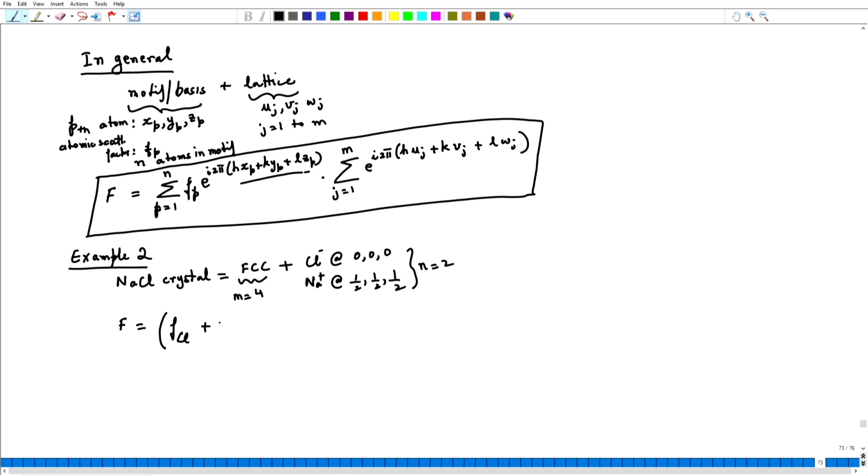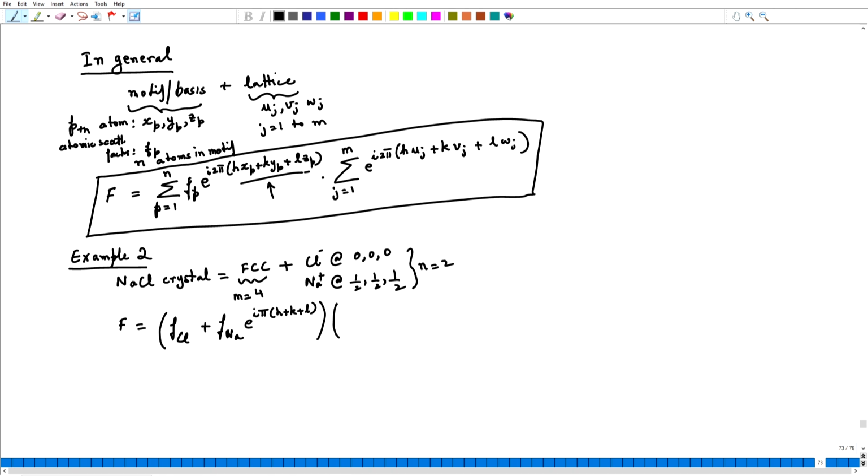The second one is the sodium atom. So, F Na, and I substitute half half half here. This gives me e to power i pi (h plus k plus l). Now, I write the lattice part, with which we are already familiar.